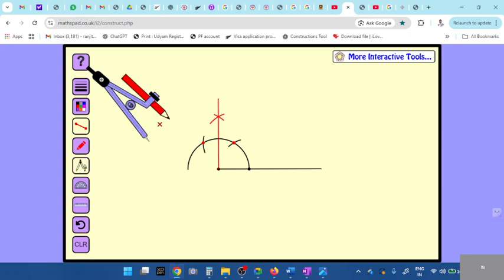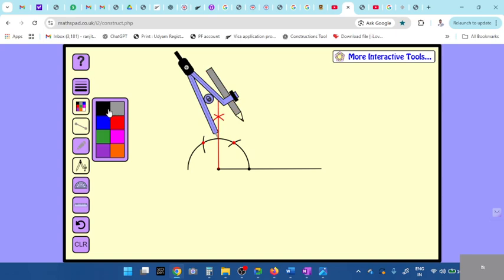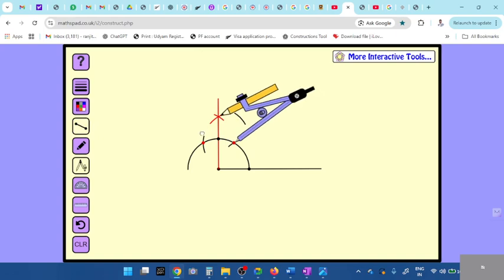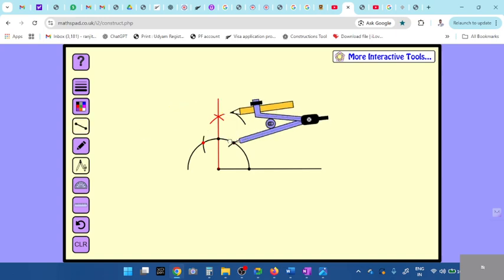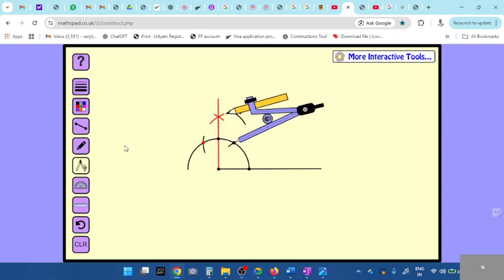We need to construct 75 degrees. So for 75, look at this 90. This is 75.